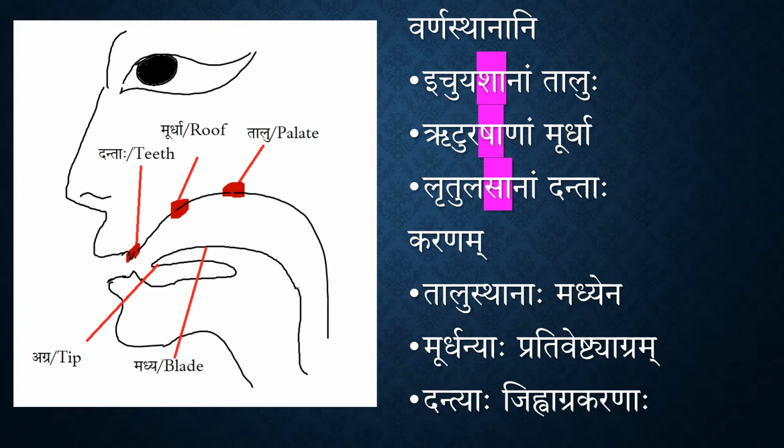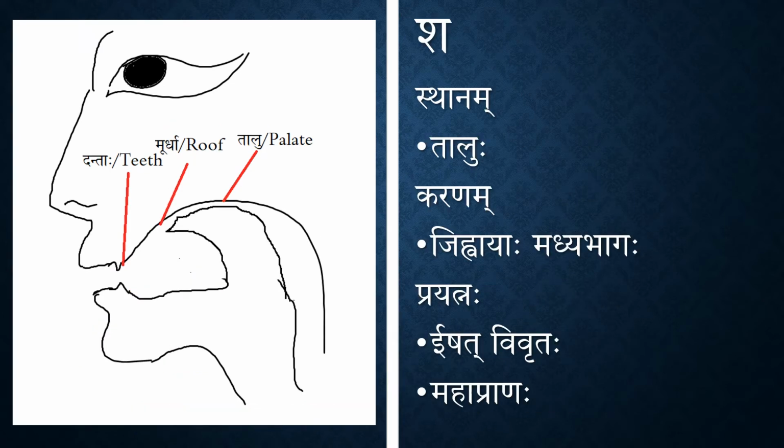And for Danta, Dantyaha Jihvagra Karanaha. That means for the letters which originate from Danta, just behind the tooth, the Jihvagra, the tip of the tongue, has to be involved to produce that sound. So with this knowledge, we'll proceed to look further into how to pronounce sh and sa.